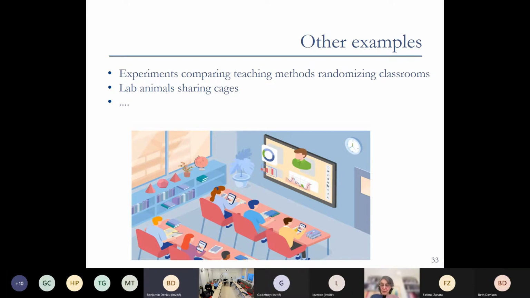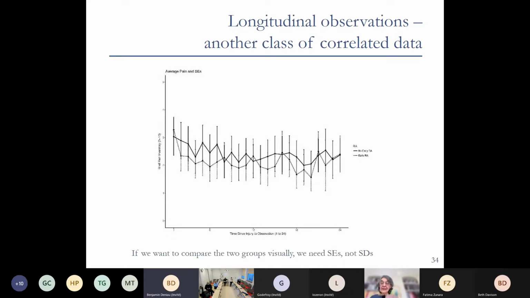And now I want to switch to another kind of correlation, of correlated data. And this is in some ways much more complicated. Next slide. All of the examples I'm going to give you come from real observations, almost all randomized trials.